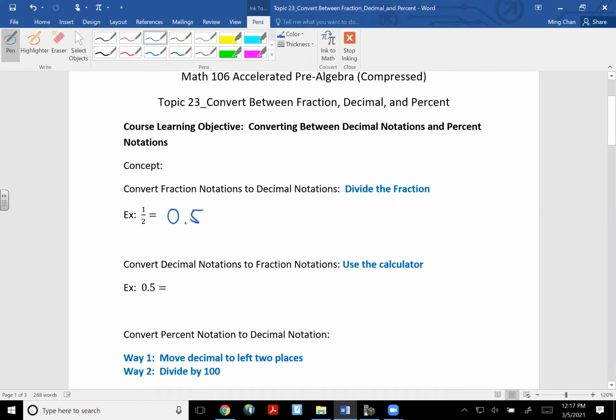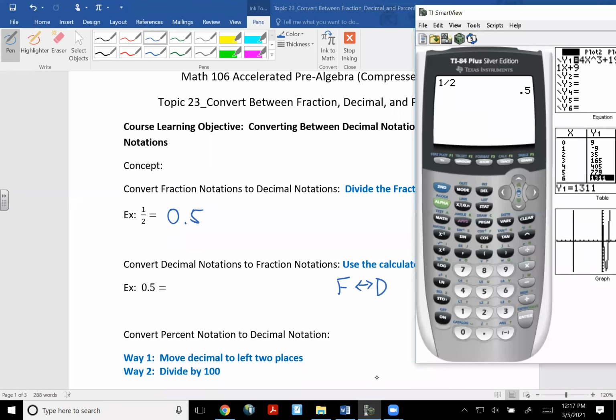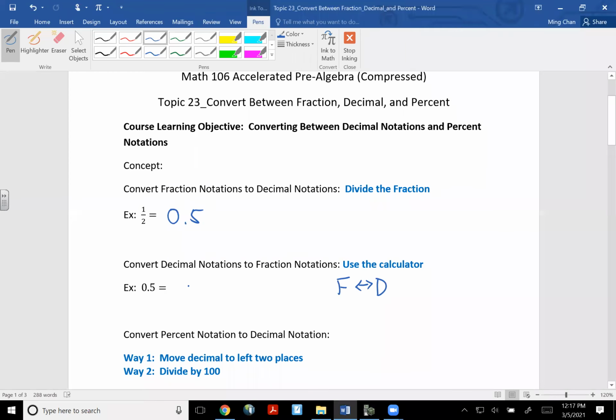Now, convert decimal notation back into fraction notation. If I have 0.5, I need to go back to a fraction. For a scientific calculator, you will need the command F to D, fraction to decimal or decimal back to fraction. For a graphing calculator, since I have 0.5 already on the calculator, I press math, choose number one, and it converts back to a fraction, a half.